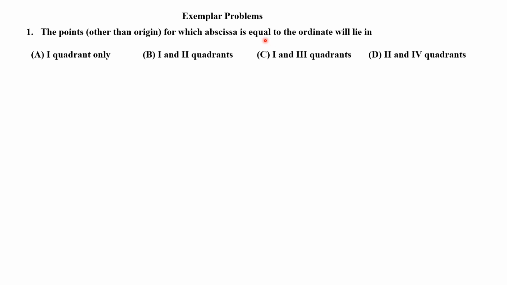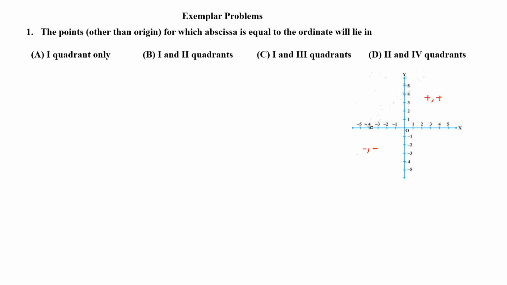So first of all, those points will lie in the quadrant where both x and y have the same sign, either both positive or both negative, isn't it? If you see this coordinate plane, it will be the first quadrant with both plus, or the third quadrant with both minus.